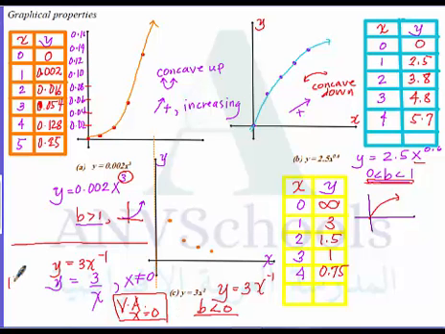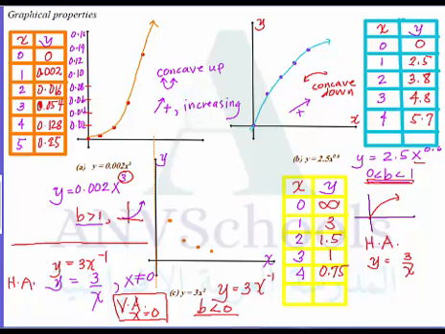Now to get the horizontal asymptote, technically, just compare the exponent of your denominator and your numerator.